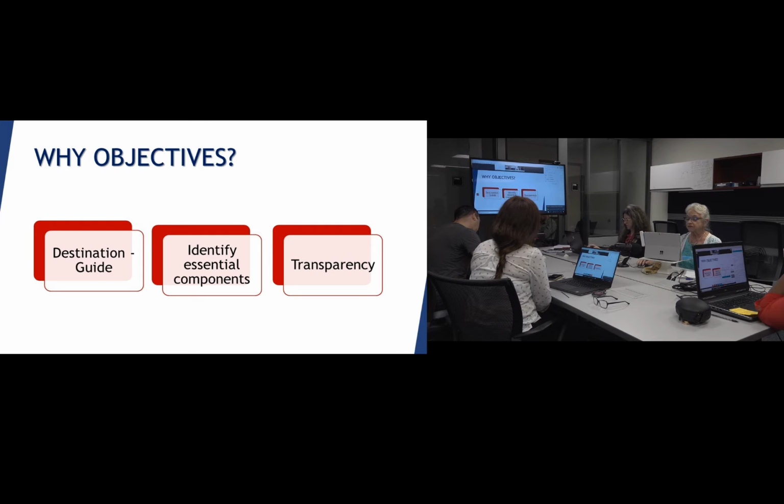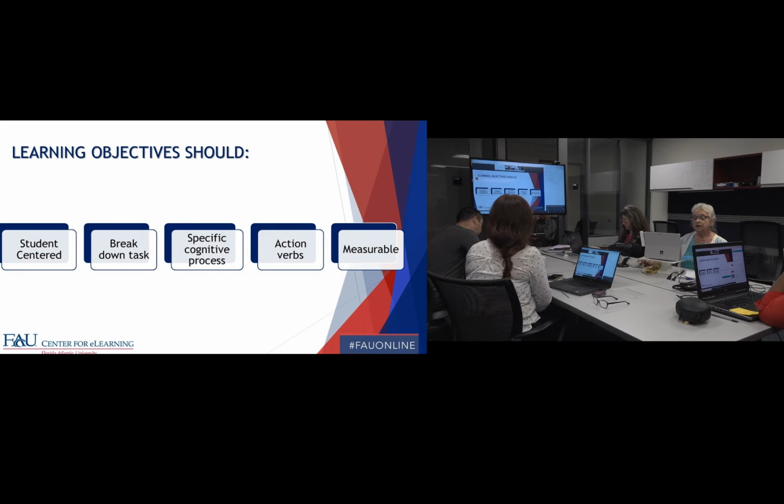And Lisa's also said that, especially when we consider our assessments, the objectives do lead us directly into that assessment piece. And they should be student-centered. They need to break down the task.